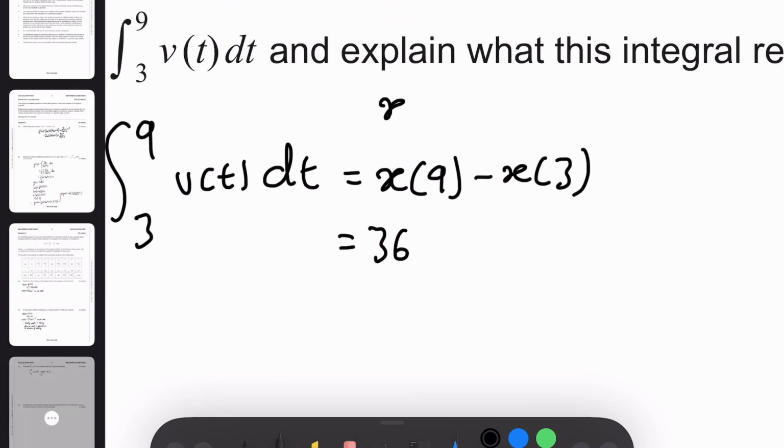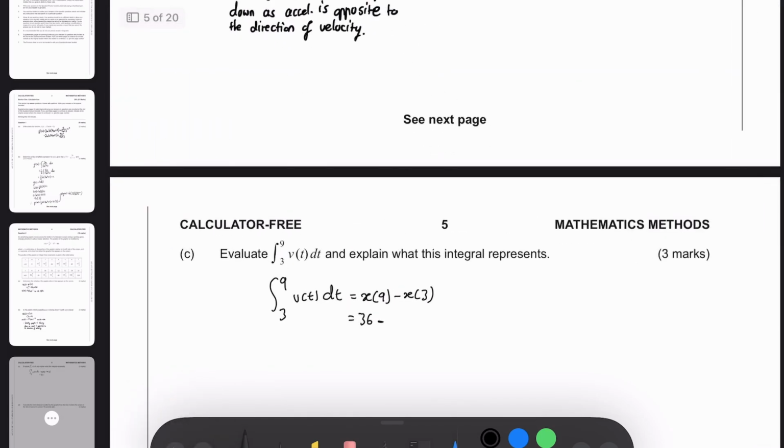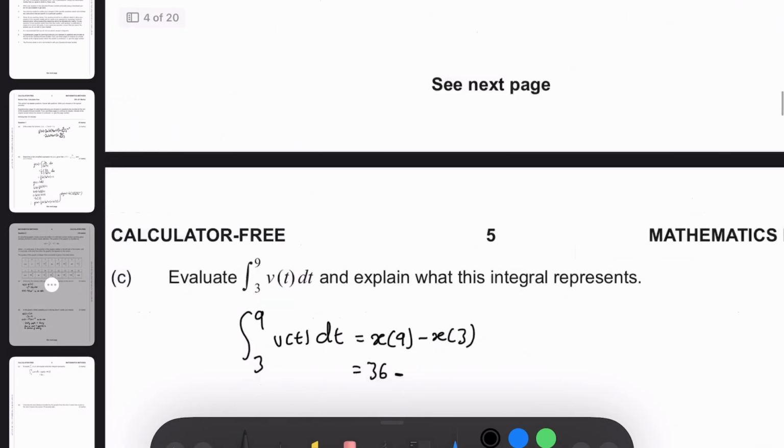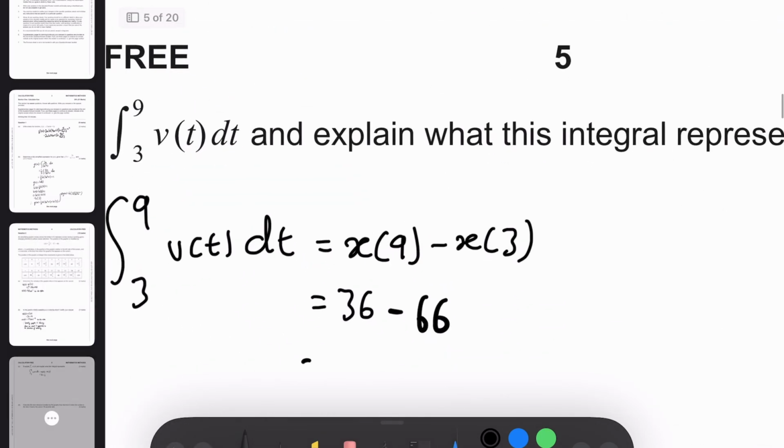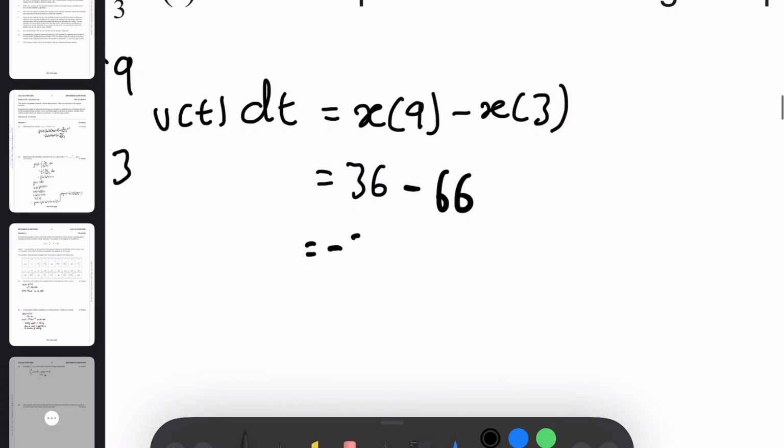If you didn't know where I got these numbers from, it's just going to be this: x of t from 3 to 9, like that. And then you just plug in the numbers, substituting. Now minus x of 3 is 66, which means it's negative 30.